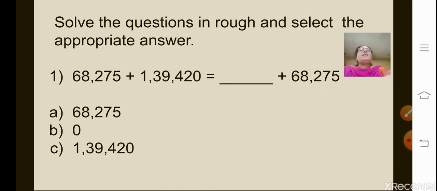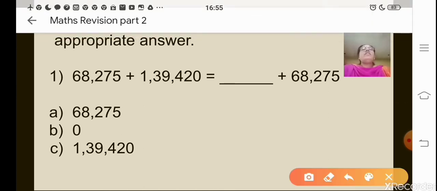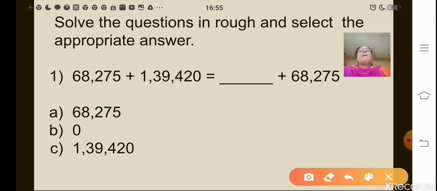The first sum is 68,275 plus 1,39,420 is equal to dash plus 68,275. Now do you remember, according to the order commutative property, if you change the order of the numbers, the sum will remain the same, correct?